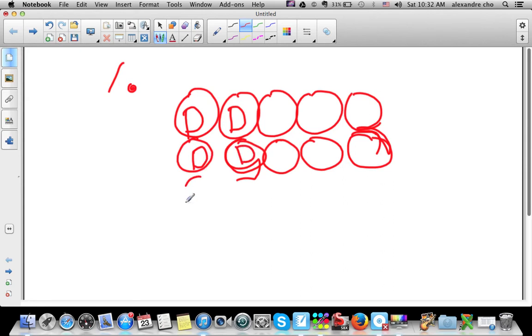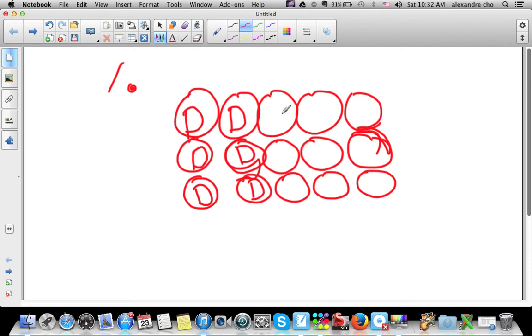And I'm going to repeat this process. 1, 2, 3, 4, 5, and label my first 2 animals with D because they are dogs. So far I have 5, plus 5, 10, plus 5, 15. I need another 5 because the problem says I have 20 animals. So 1, 2, 3, 4, 5, and the first 2 are dogs.